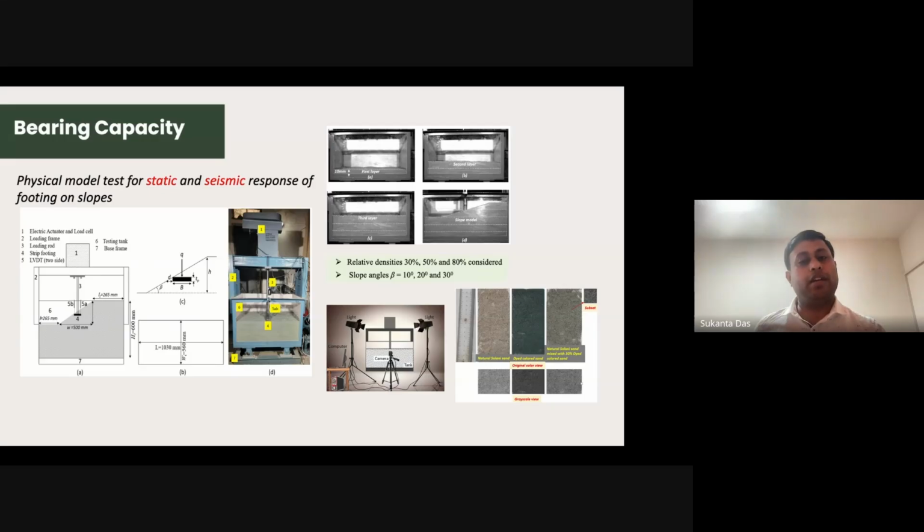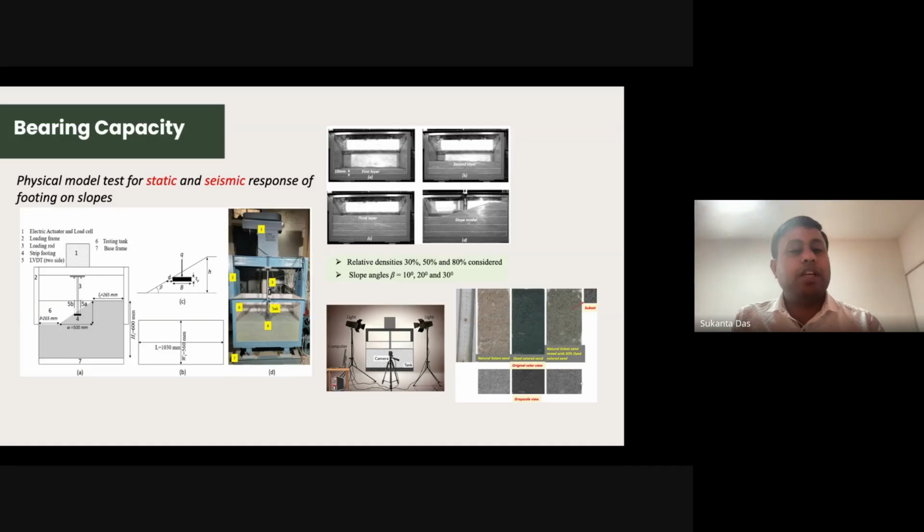That's why we applied a strip footing, so that the problem became a two-dimensional plane strain condition, and we can obtain useful information from the failure mechanism also. We tested different relative densities like 30%, 50%, and 80%.